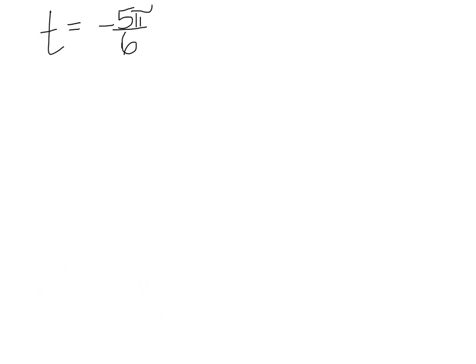Okay, now negative 5 pi over 6. What should stand out about that angle? It's negative. Okay? Now, if you're trying to find a negative angle on the unit circle, first look at the positive. Where is positive 5 pi over 6?